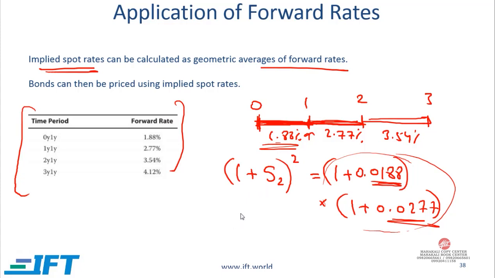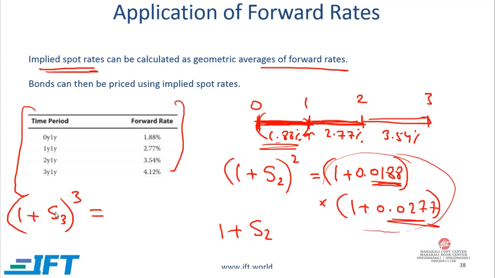So what is 1 plus S2 then? 1 plus S2 is the product of these two raised to the power of 1 over 2. That is a geometric mean. How will you come up with 1 plus S3? 1 plus S3 cubed, and S3 is the 3-year spot rate. This would equal 1 plus this number times 1 plus this number times 1 plus this number.